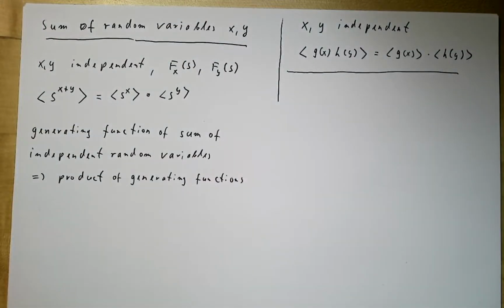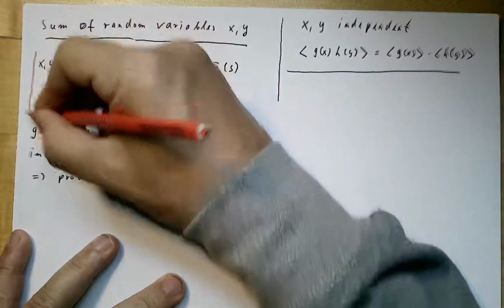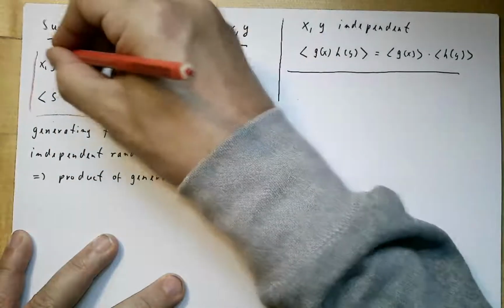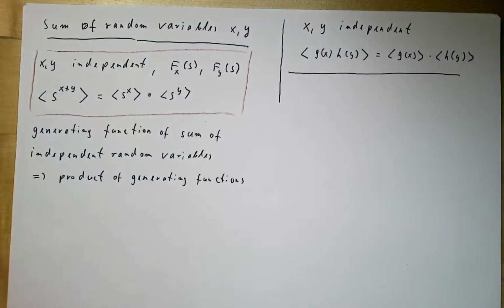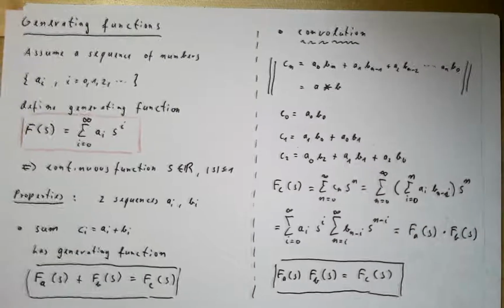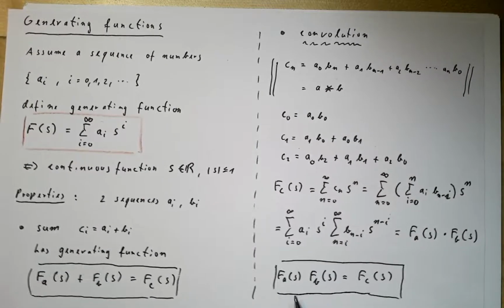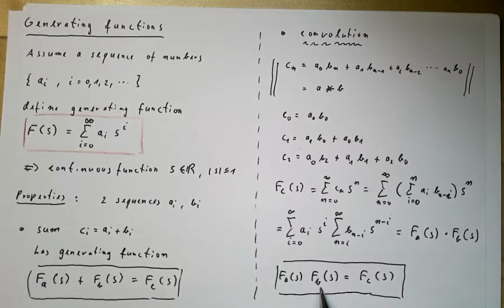This is often a trick in order to calculate generating functions. Now we can still use what we had before, because we saw we have the product of generating functions.